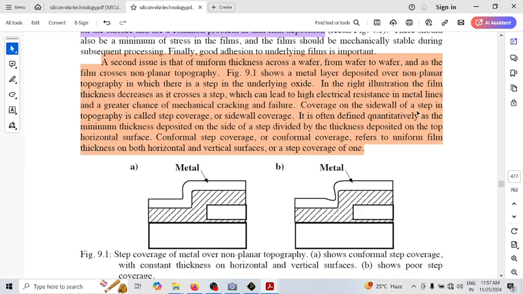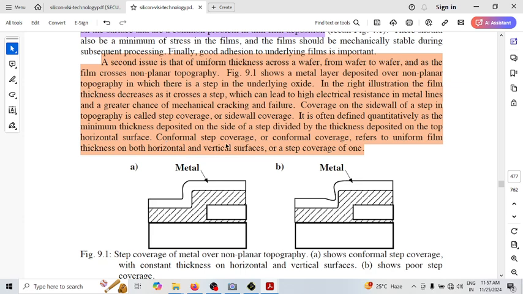Coverage on the sidewall of a step in topography is called step coverage or sidewall coverage. The sidewall coverage should be a proper one. It is often defined quantitatively as the minimum thickness deposited on the side of a step divided by the thickness deposited on the top horizontal surface.